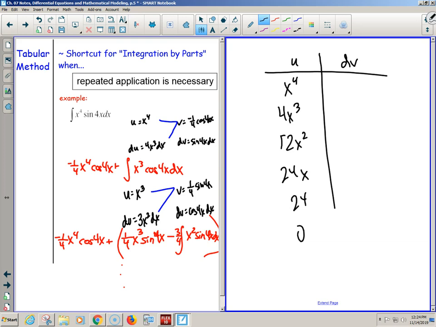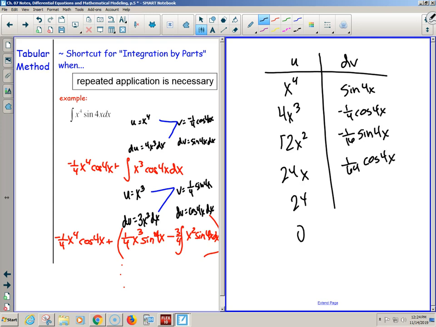Second. DV's get integrated. I could put a dx, I'm just being lazy, and simplifying the notation. So that'd be -1/4. And then that'd be a -1/16. Then that'd be a +1/64.